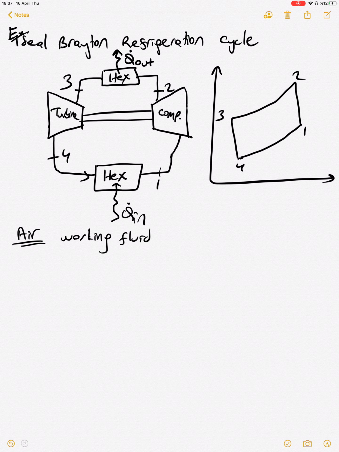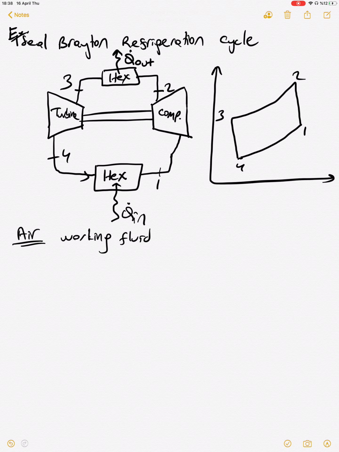The compressor pressure ratio is 3.75, and the temperature at the turbine inlet is 350 Kelvin. So let me just put the numbers.